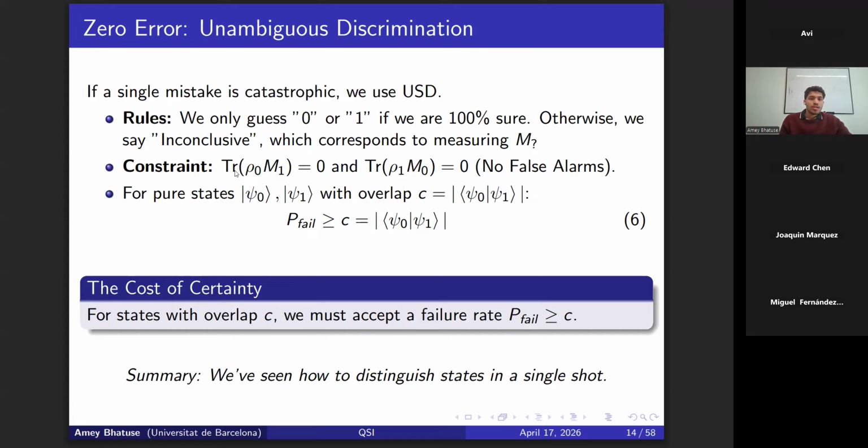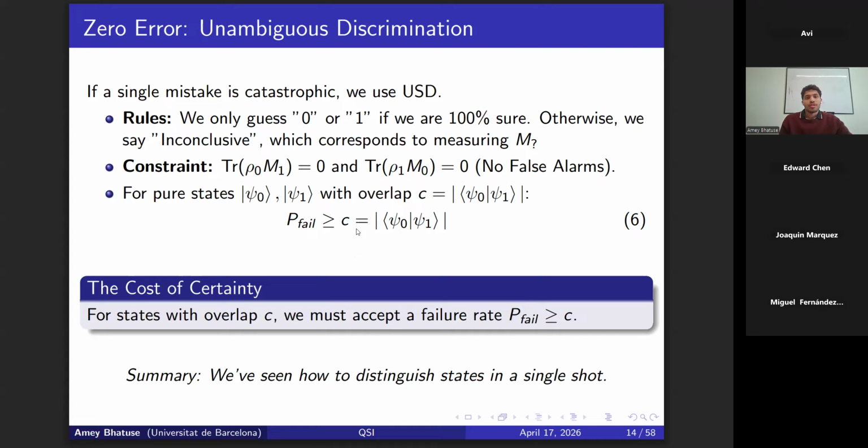The constraint can be put mathematically like this, where you cannot have errors, which means no type 1 error, no type 2 error, no false alarms and misses. So for pure states, if C is the overlap between the states, then the failure probability is always going to be at least this overlap.